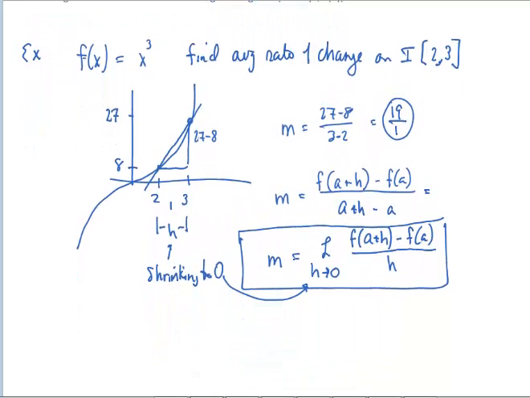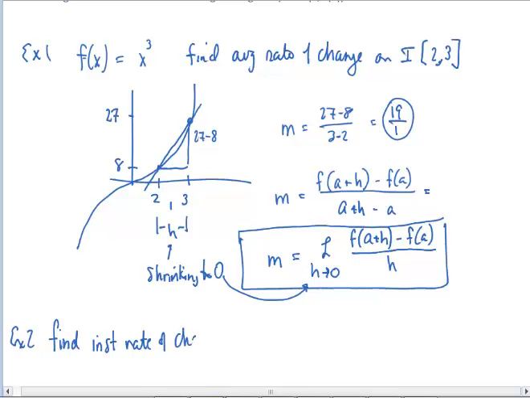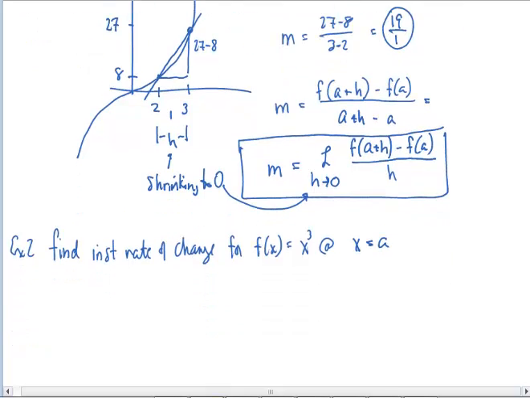So let's try a second example: find the instantaneous rate of change for f of x is equal to x cubed at, let's say, x equals a. So we're going to apply the definition of the difference quotient.